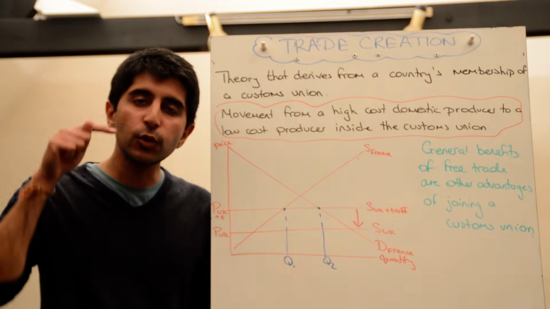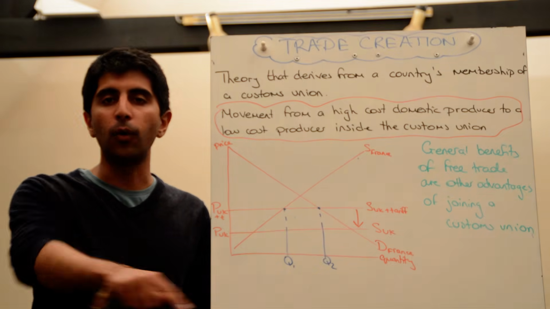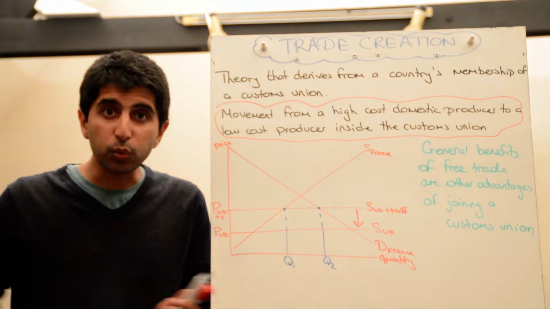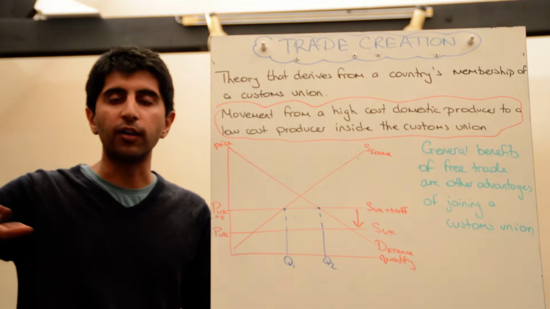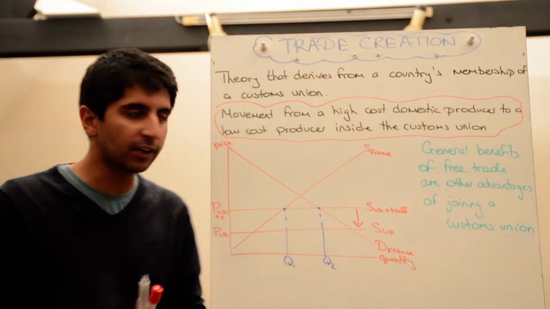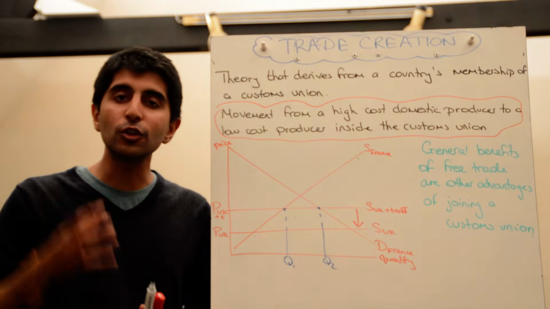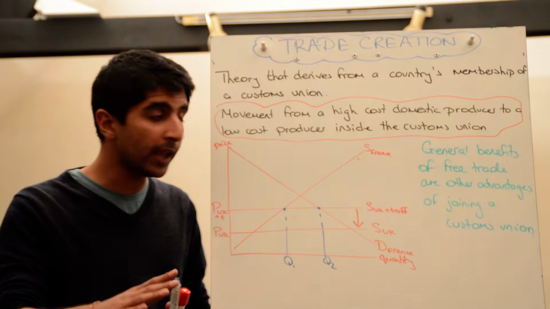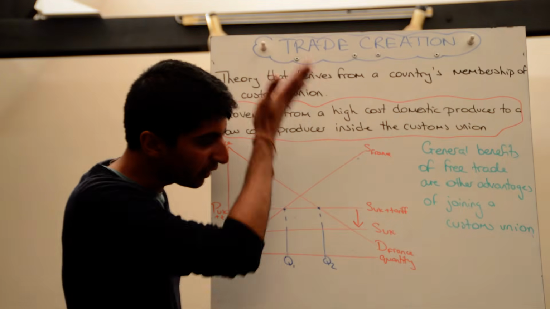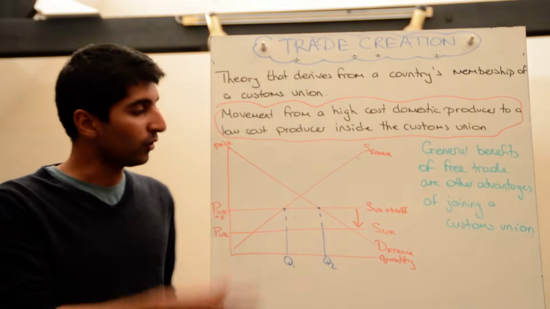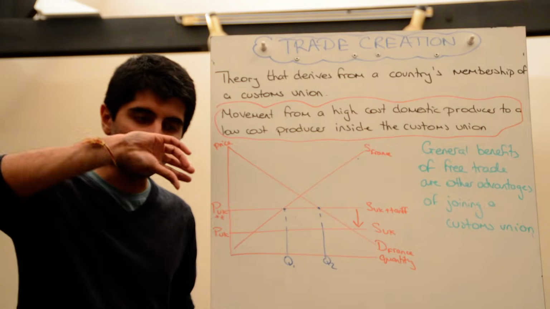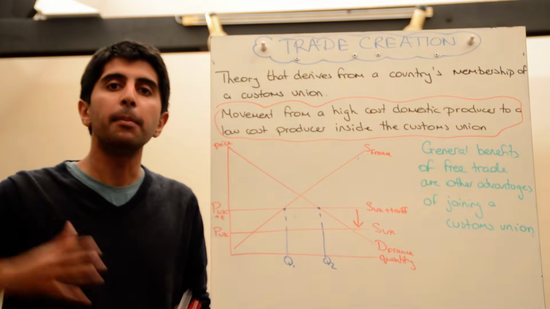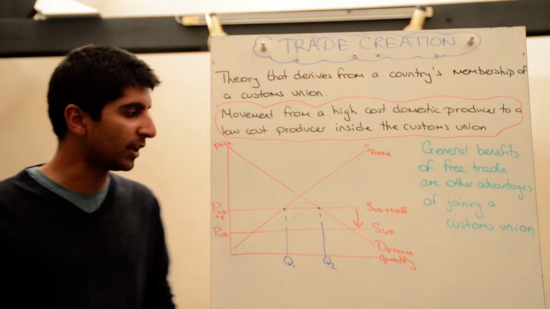But as soon as the UK joins the EU, or any country joins the EU, all tariffs between member nations are gone. Complete free trade between member nations. On this diagram, let's assume the UK joins the customs union. What happens? The tariff goes away, the UK supply shifts downwards. So this is basically the tariff diagram, but in reverse, going from a tariff to free trade with the UK, because now we're assuming the UK is a member nation of the EU.